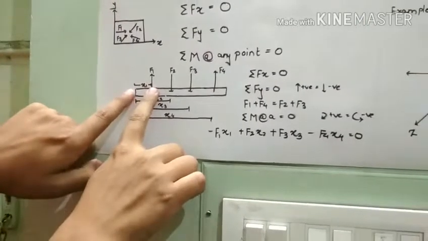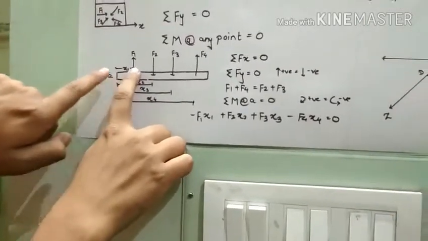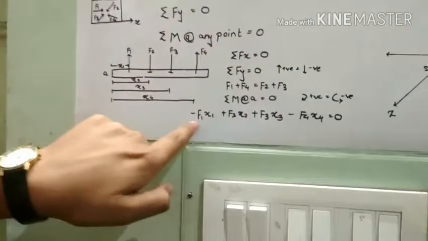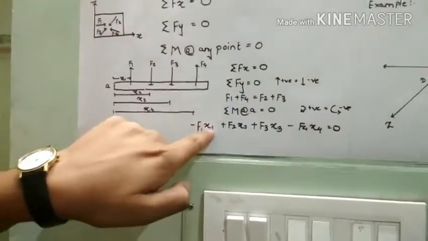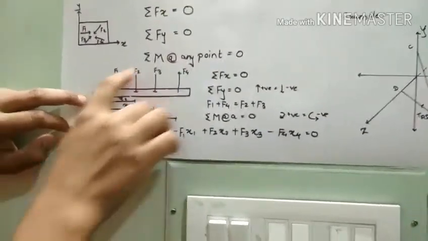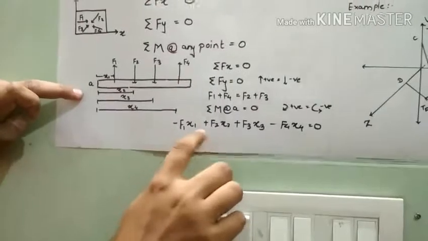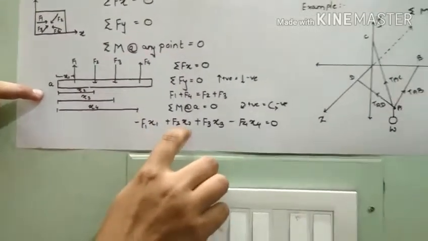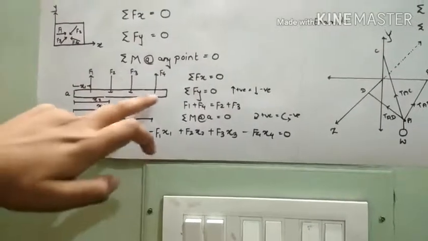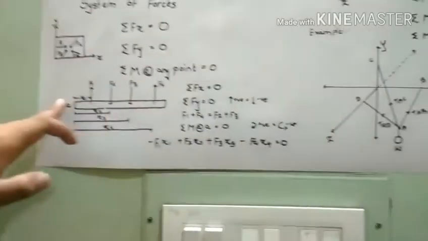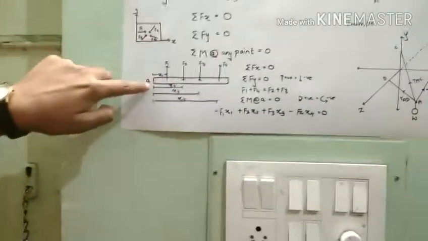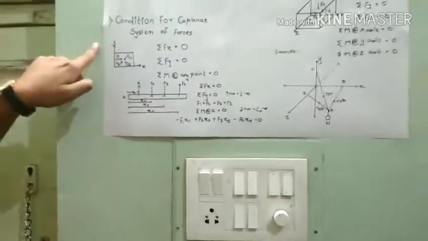That is, F1 wants to rotate about point A in the anti-clockwise direction, so we will take it as minus F1 into x1. F2 wants to rotate about this point in the clockwise direction, so we will take it as positive F2 into x2. Similarly, F3 into x3 is positive and F4 into x4 is negative, because this force wants to rotate about point A in the anti-clockwise direction.